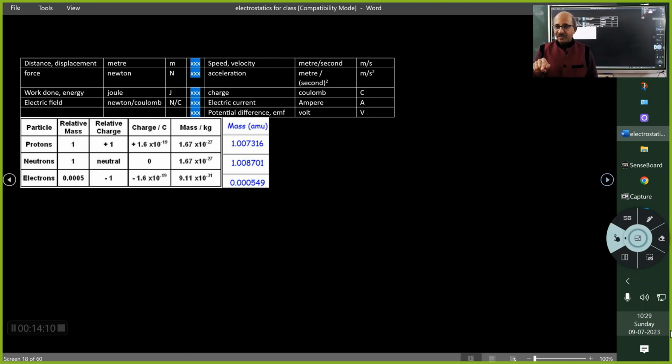Small q into n, nq gives you big Q, which is the total charge. Each grain of rice has mass small m. There are n grains, so what is the amount of rice? n into m. Here it is n into q.